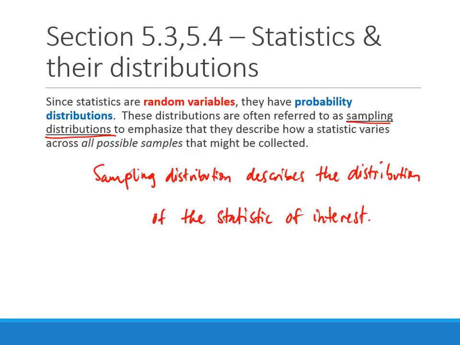And that's going to describe the behavior of this thing over all possible samples that might be collected. So if I take one sample of 10 people, I'm going to get a certain sample mean. If I take another sample of 10 people, I'll get a different sample mean, and so on like that. So there's a bunch of different possible samples that I could collect, and so this is going to describe how that statistic behaves over all those possible samples.